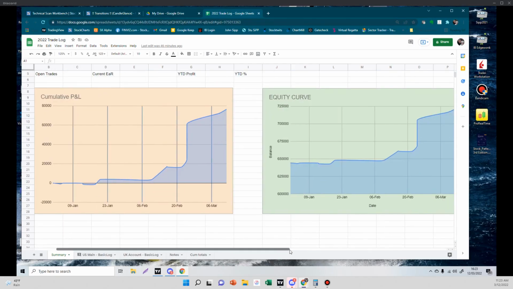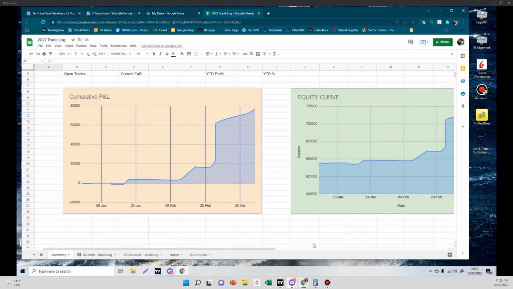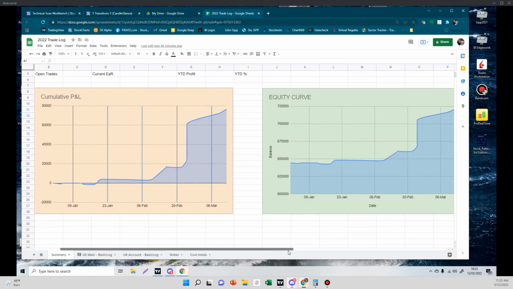So I put two graphs on: my equity curve and P&L. You can kind of see how my system works. We were in a very slight drawdown up until the middle of January, somewhere around the 18th.